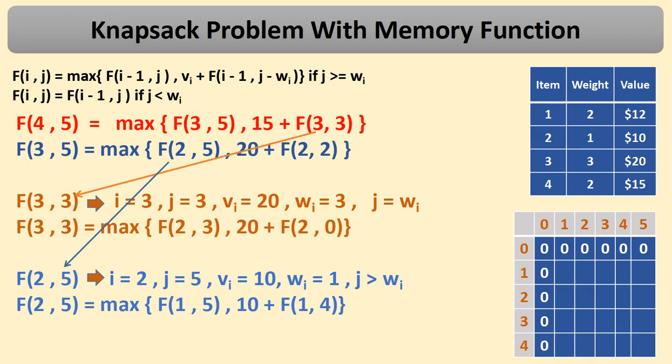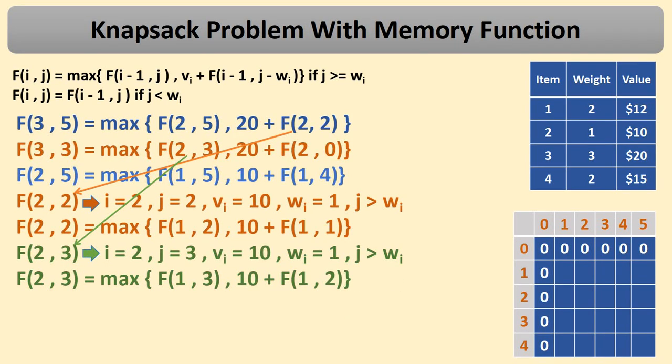Next I have derived for f of 3 comma 3. So when you look into f of 3 comma 5, in that we have f of 2 comma 5 as well as 2 comma 2. So next we have to solve. Okay, same formula. You just follow the same formula and now we have found the solution for f of 2 comma 5. Next we have to find f of 2 comma 2.